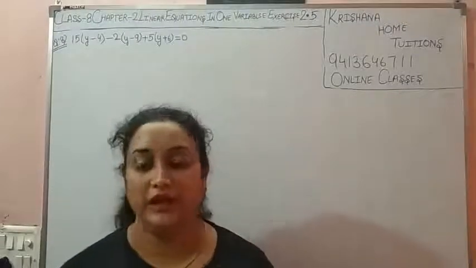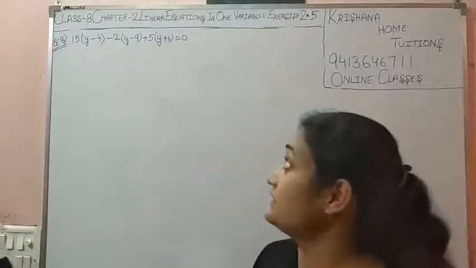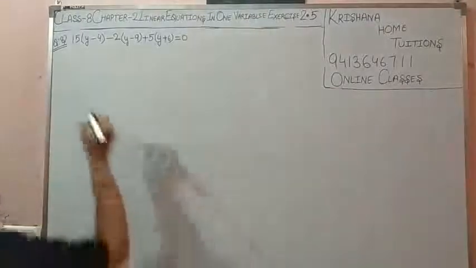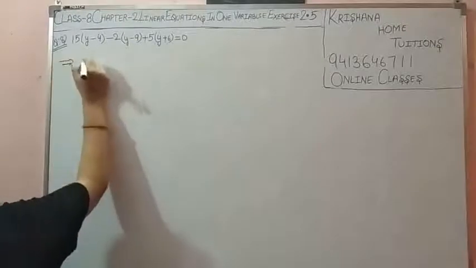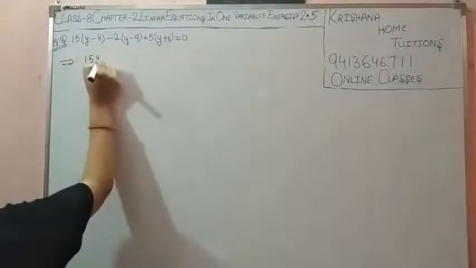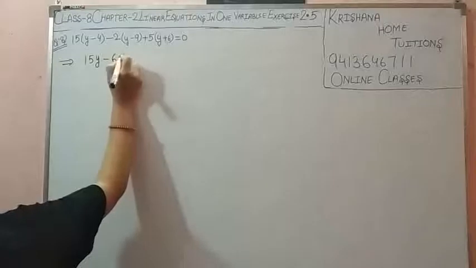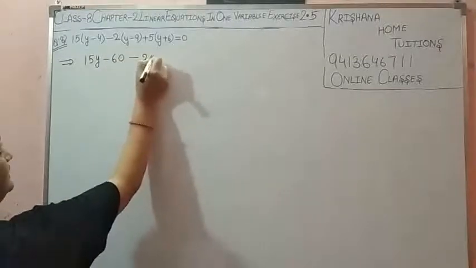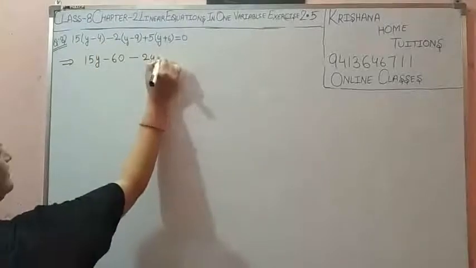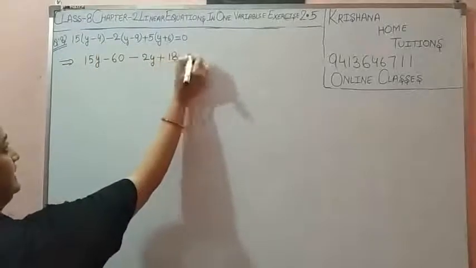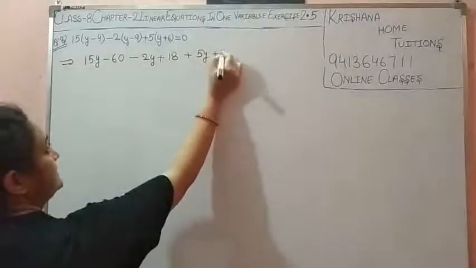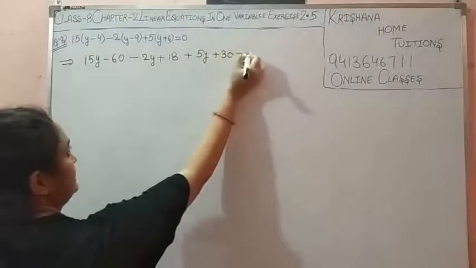Now question number 8. In this question, first we have to solve the bracket and then solve the equation. So first I am multiplying 15 inside the bracket. So it is equal to 15y minus 60 minus 2y, this minus becomes plus 18 plus 5y plus 30 is equal to 0.